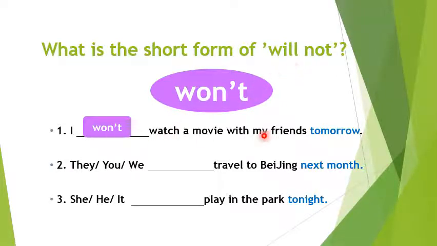So I won't watch a movie with my friends tomorrow. What about number 2? They won't travel to Beijing next month. What about number 3? He, she, it won't play in the park tonight. So this is how we form the negative sentence with a short form or contraction form for simple future tense.